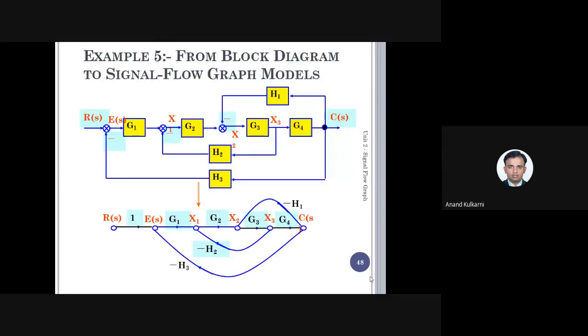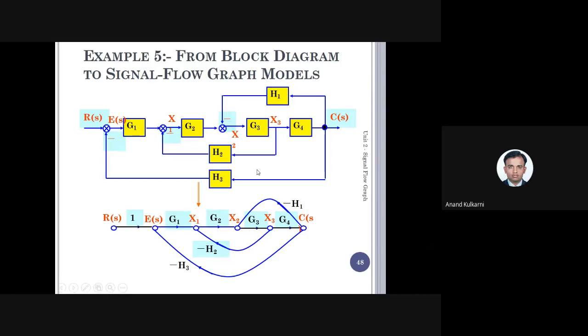So just see here, this is one block diagram, and how to go about this is explained here. Hope this is visible to you all.